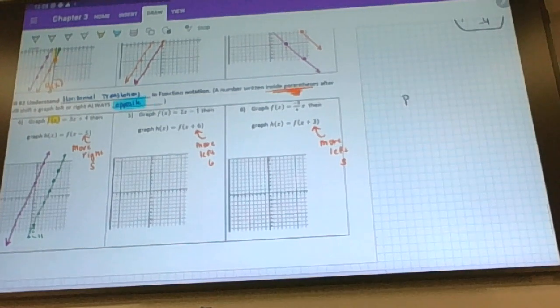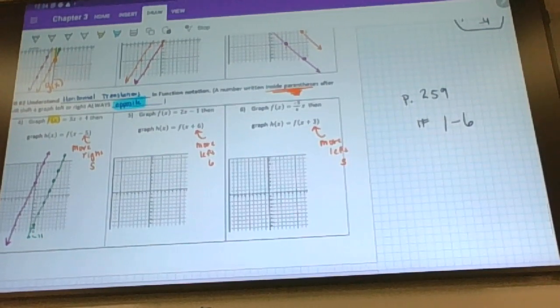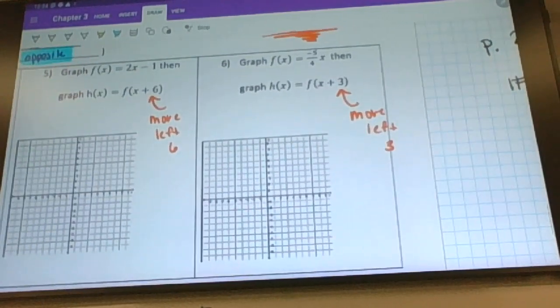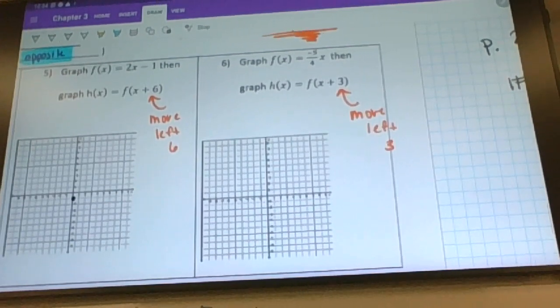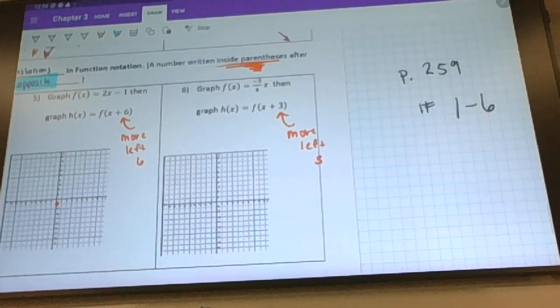When I'm done with the next one, your assignment is page 259, number 1 through 6. But I'm gonna tell you, if you don't have number 5 done, I'm not giving you credit for today's work. Okay, you're gonna be done at least through number 5 before you open your book.